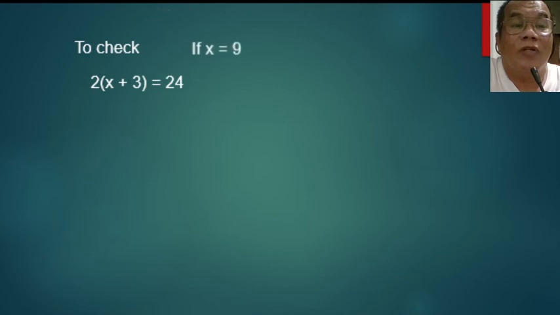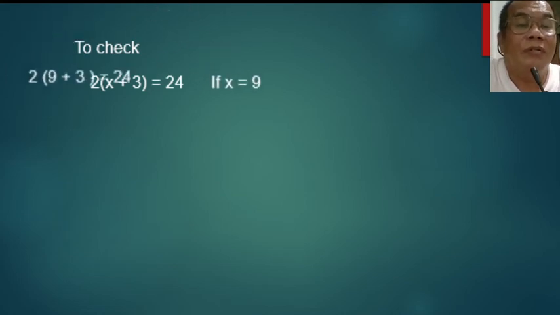Okay, so let's check. Let's rewrite the equation. So you have 2 times quantity x plus 3 is equal to 24. Since the value of x is 9, just substitute. So 2 times 9 plus 3 is equal to 24.